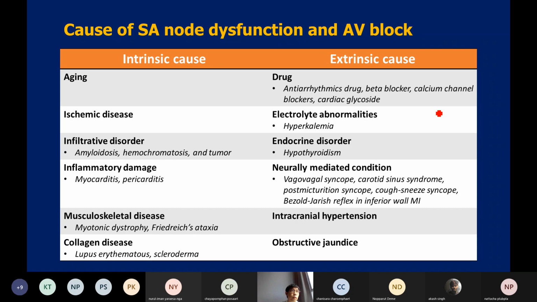If we put a stent in the artery, the AV block would be reversible. So if we know the cause and think it is reversible, we treat the cause instead of putting a pacemaker in the patient. All of these are reversible causes of bradyarrhythmia.